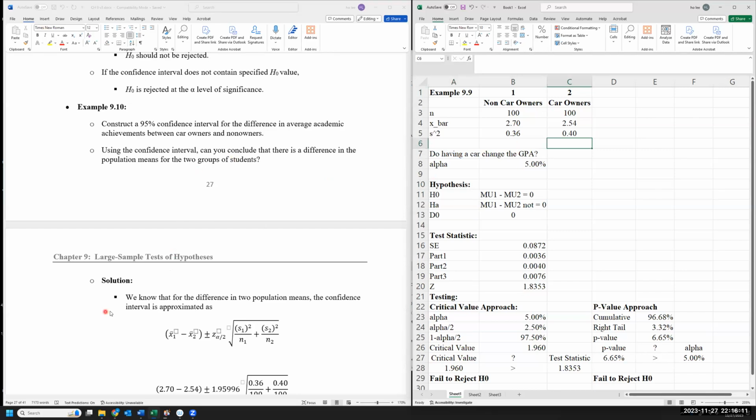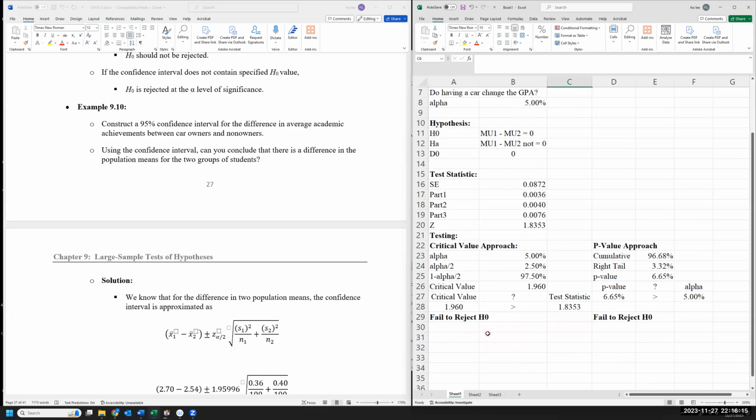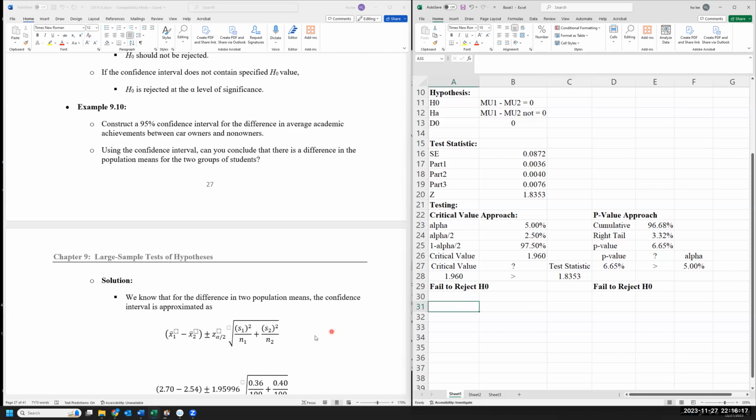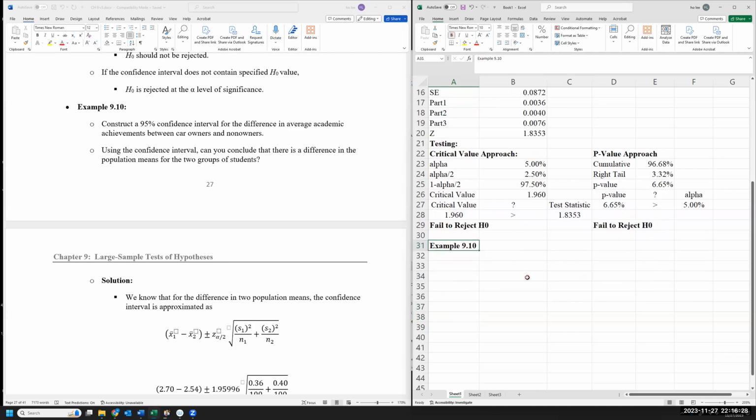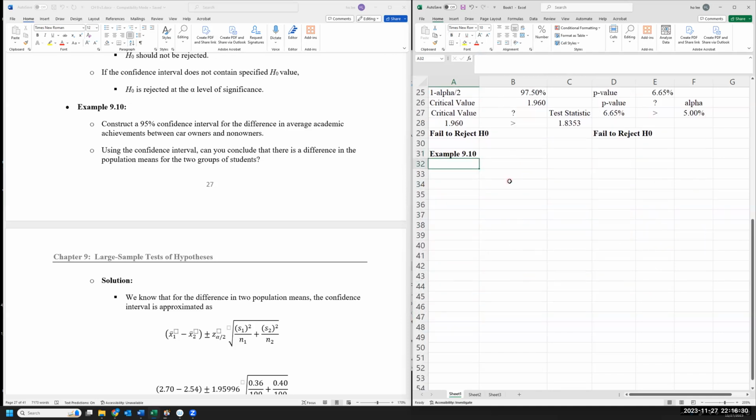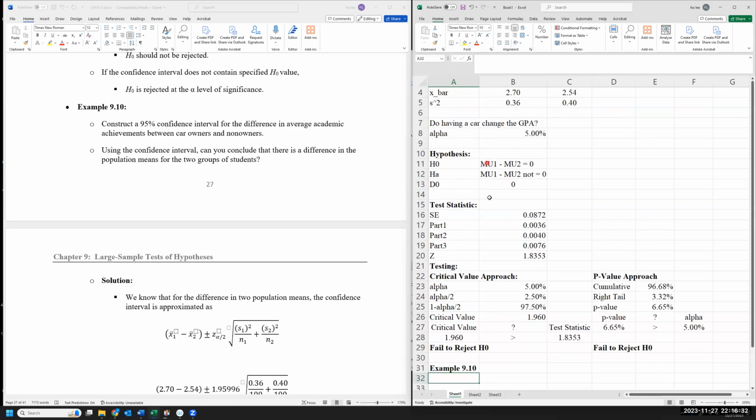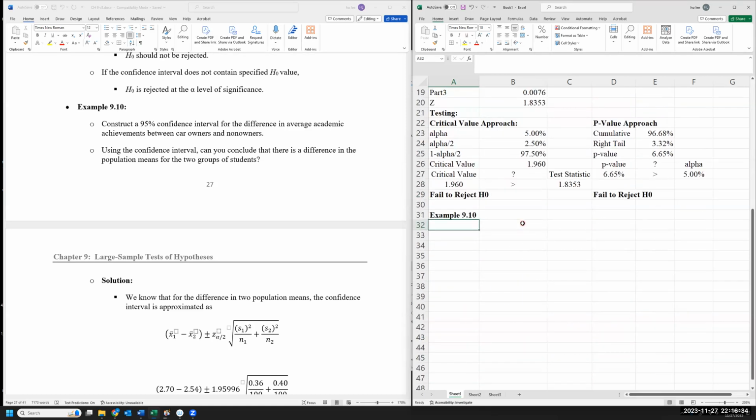To create the confidence interval, this would be example 9.10. Because we're going to use the data above, I'm just going to do it in the same Excel sheet.